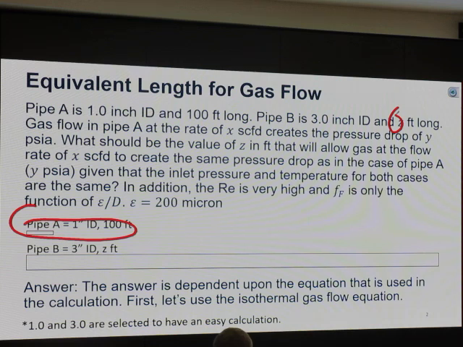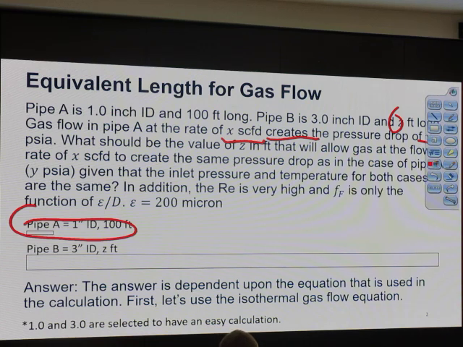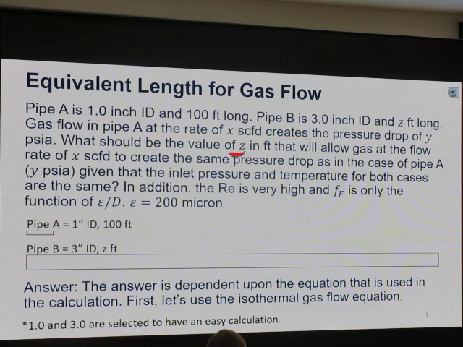Gas flow in pipe A at the rate of X SCFD creates a pressure drop of Y, so it has a certain pressure drop. What should be the value of Z, the length of pipe B, that will allow gas to flow at the same flow rate to create the same pressure drop as in the case of pipe A?